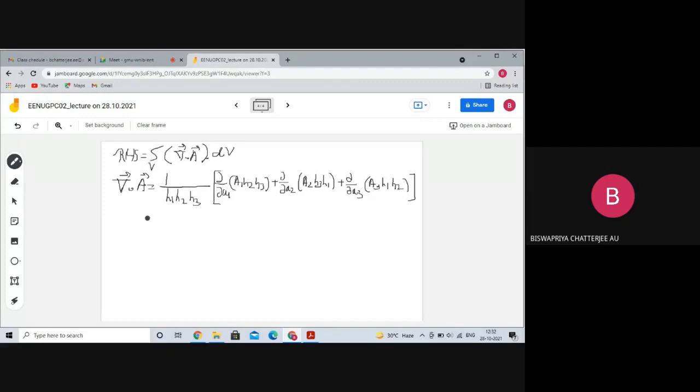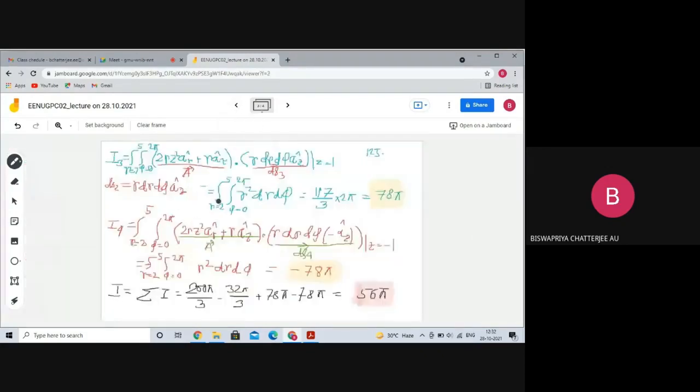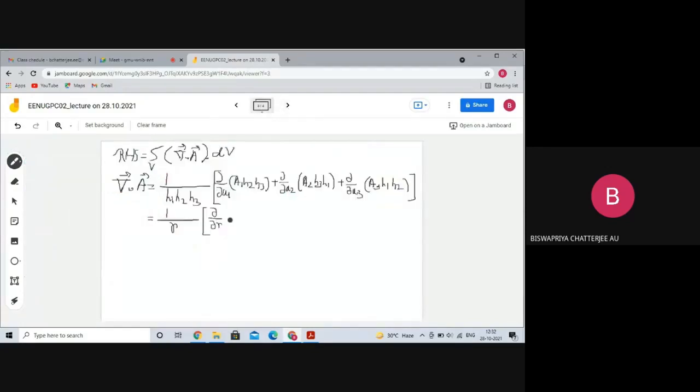So if you put in the exact values, h1 h2 h3 gives 1 by r. So the first term will become del del r. Now what is a1 h2 h3? In this case a1 means this one, 2r z square. So 2r z square into r will be 2r square z square.